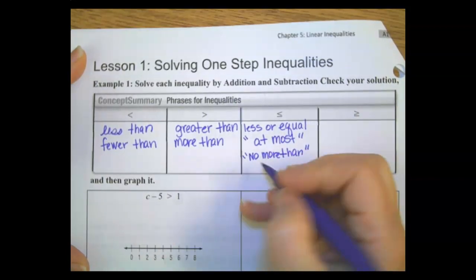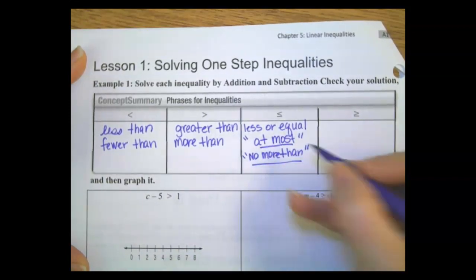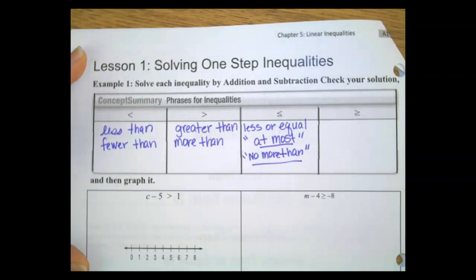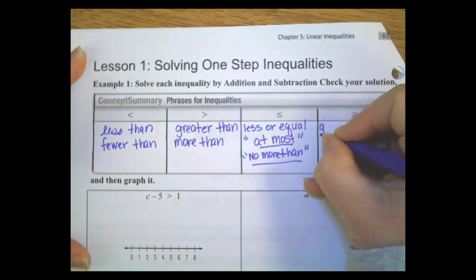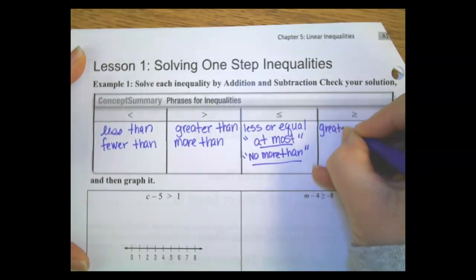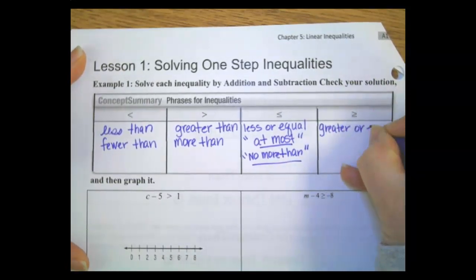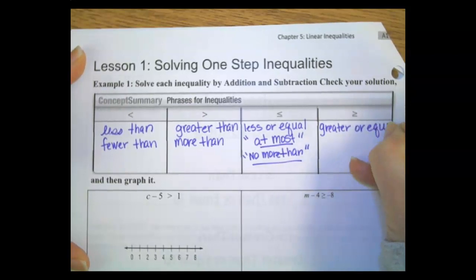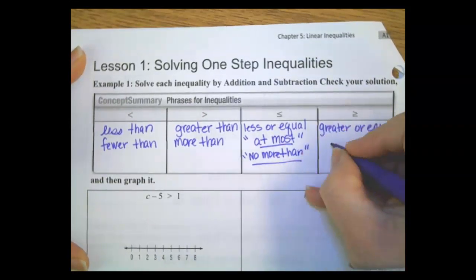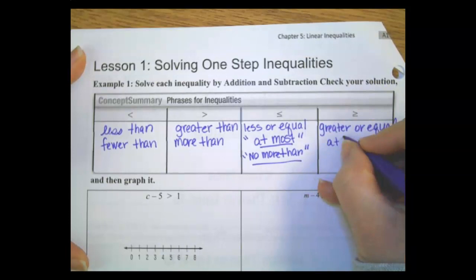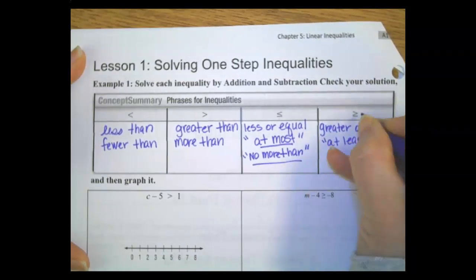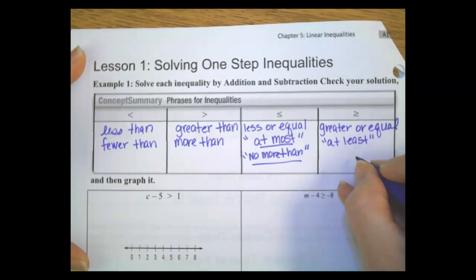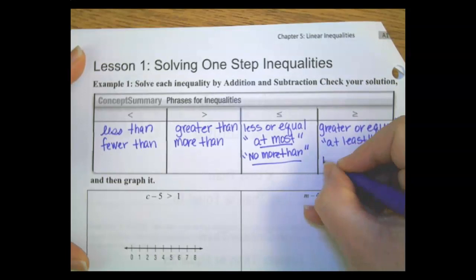If you do not have these two here, you are going to struggle. This is greater than or equal, and this is going to be at least. So you think it would be the less than sign, but it's not. It's the opposite. Or no less than.